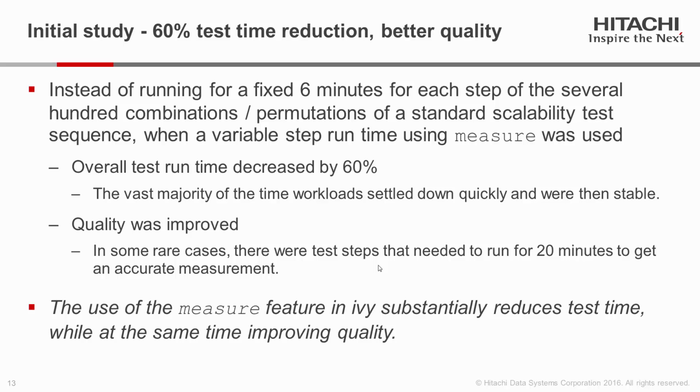But it turned out that there were a few cases where it took a long time for initial transient conditions to settle down, or where on an ongoing basis there was an instability in the workload on the subsystem, because of the variation from subinterval to subinterval, we needed to sometimes run for as much as 20 minutes to get an accurate measurement. So the interesting thing here is that the use of the measure feature substantially reduces test time, while at the same time improving the quality of the measurement data.